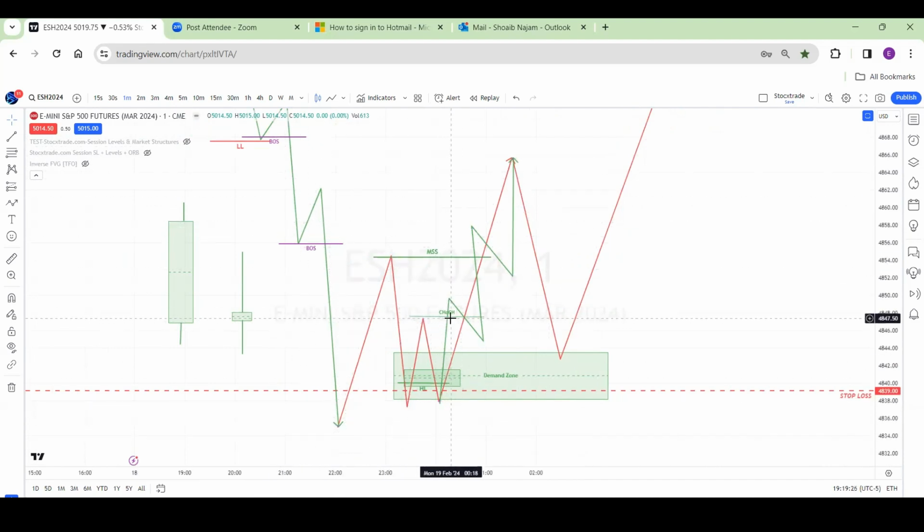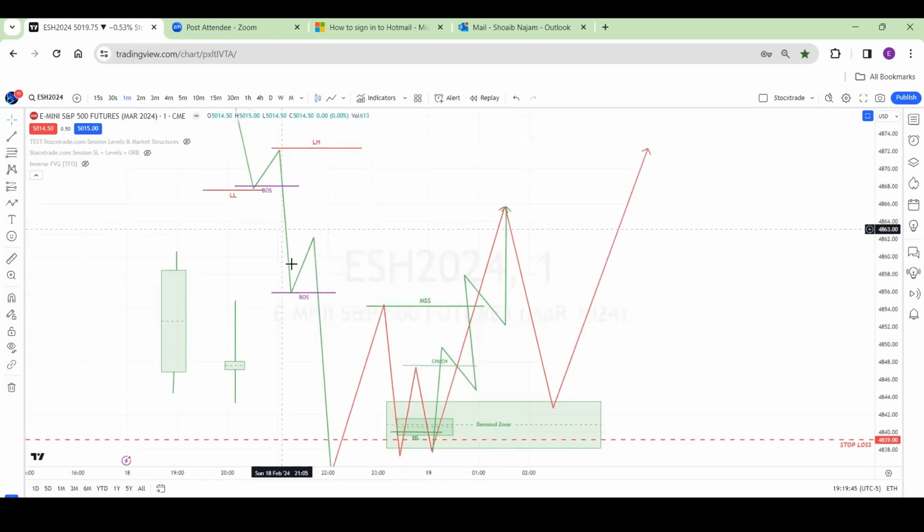So change of character, market shift, break of structure. Break of structure will always be in the same direction. Change of character is the first reversal point or the first reversal area, and market structure shift is the first major break of structure.